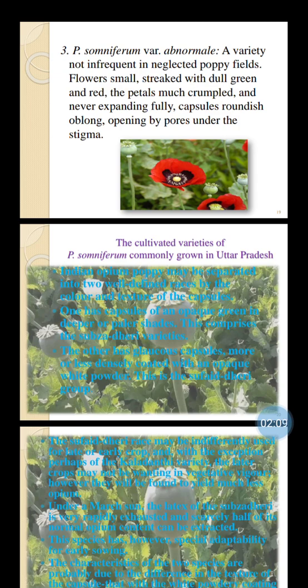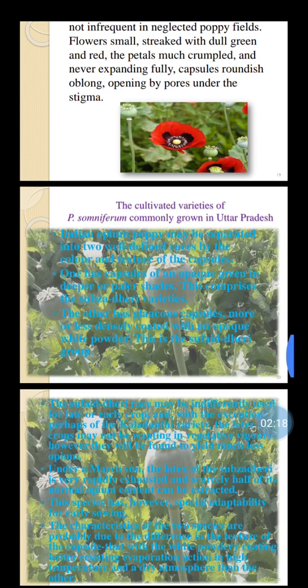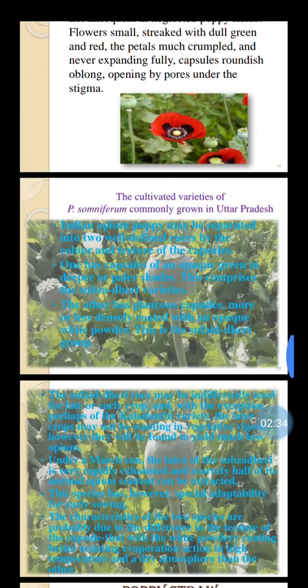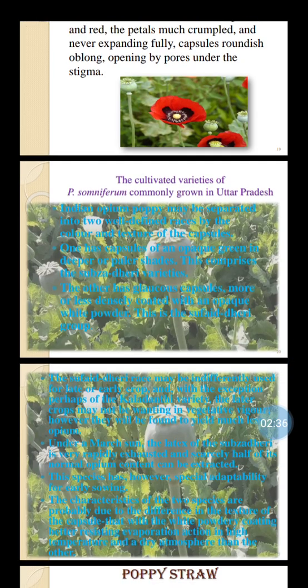One has capsules of a deep green or purple-tan shade, the Sabza Dheri variety. The other has glaucous capsules, more or less densely coated with a whitish powder. This is the Safed Dheri variety.